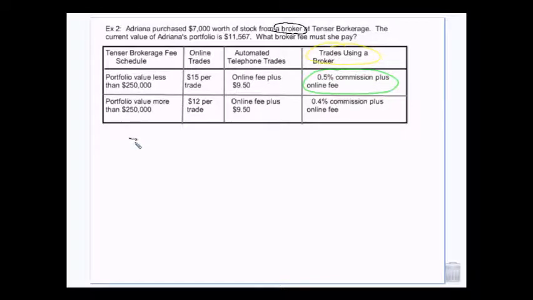So she bought $7,000 worth of stock. She has to pay her 0.5% commission. Well, I can't multiply this percent until I turn it into a decimal. So I move two this way. So it's 0.005, which gives me $35.